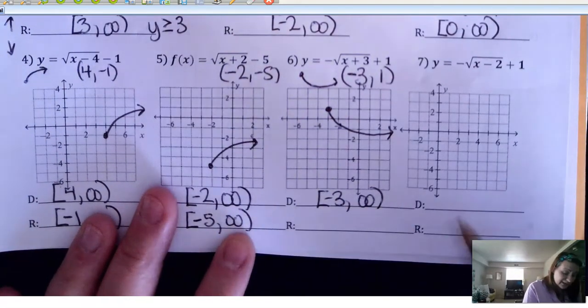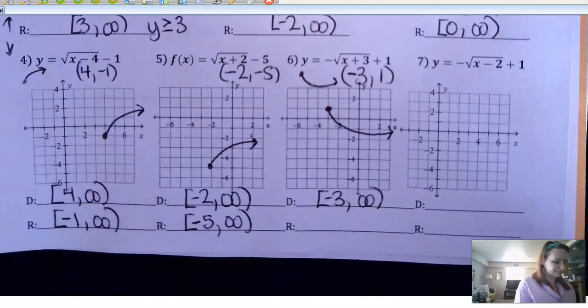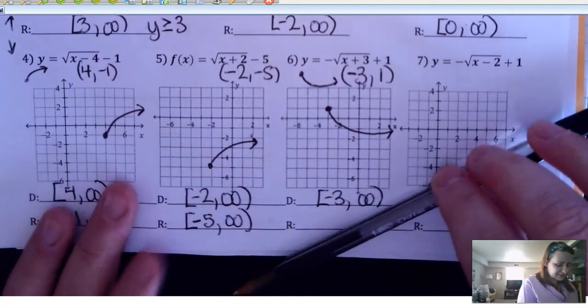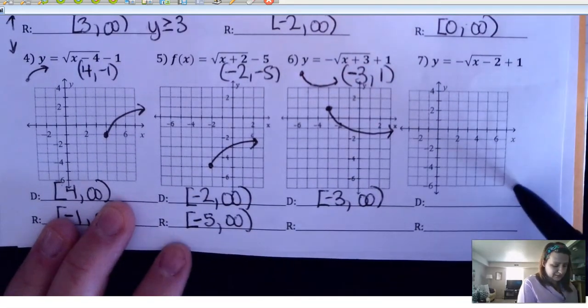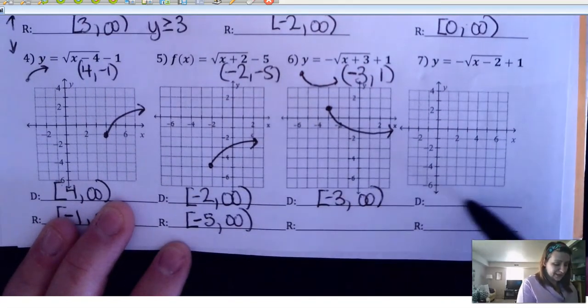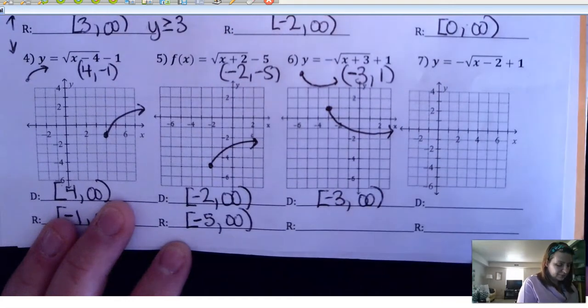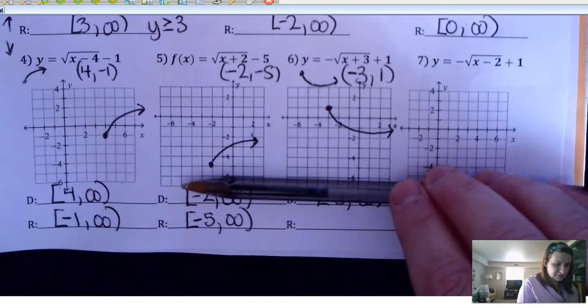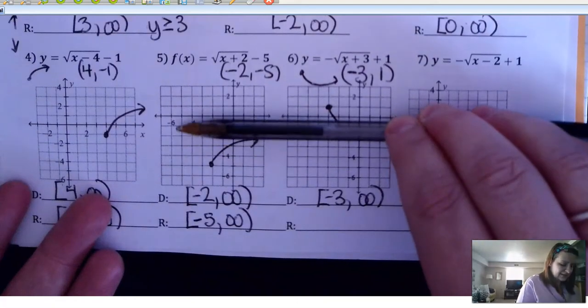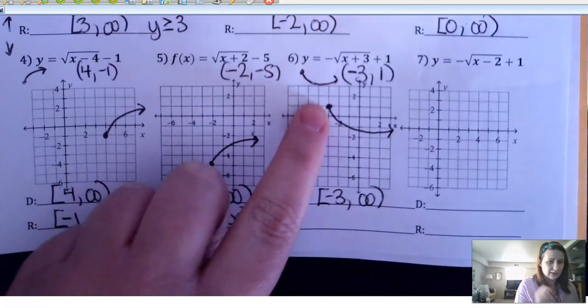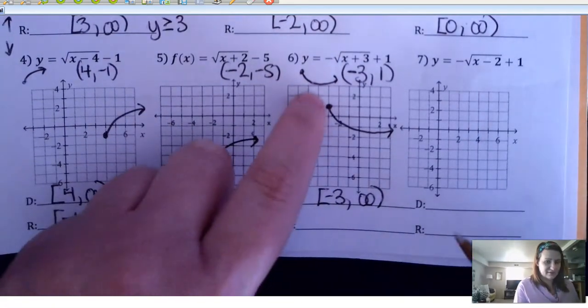Okay, now for the range. This is a little bit weird to decide on this graph here. This is going to point down forever eventually. It's very gradual, but it would point down forever. Now, if I could see a bigger picture of the graph, I would be touching part of the graph until I got to this as my stopping point, and then there's nothing above that value.